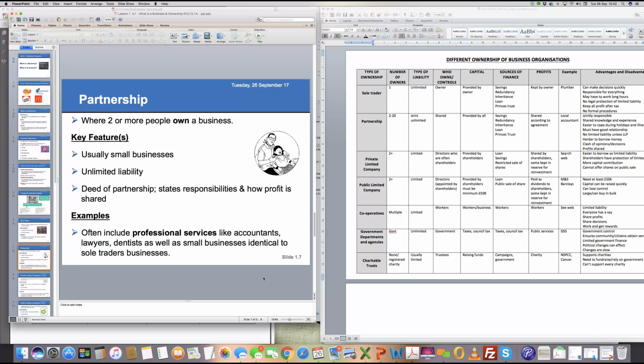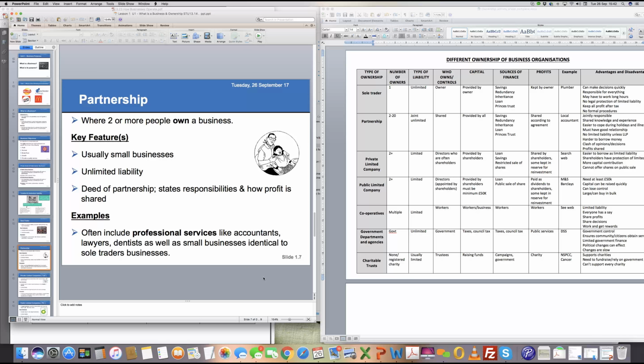So partnerships you get to see in services businesses, such as soliciting, which is the legal profession, accountancy, and even professions like dentists and doctors or GP surgeries in particular.